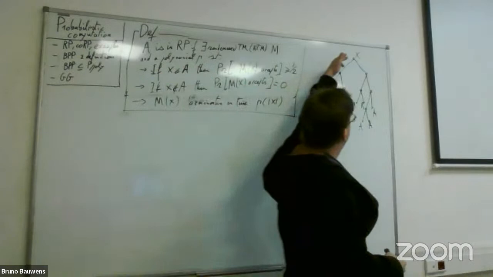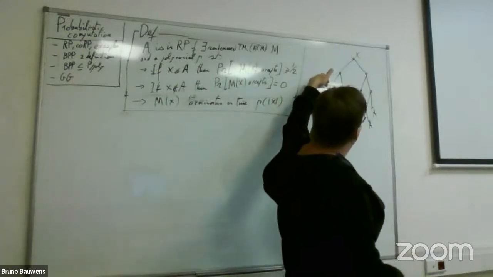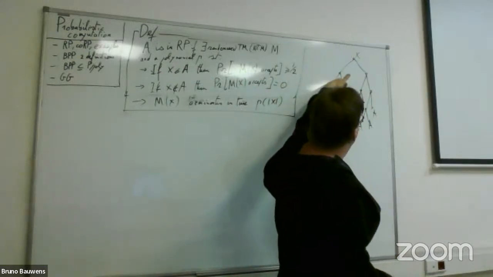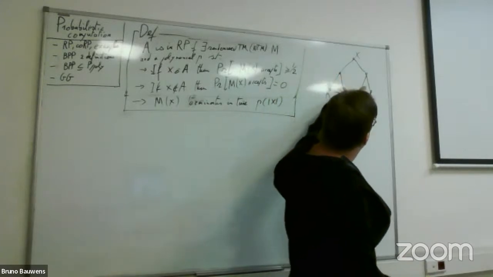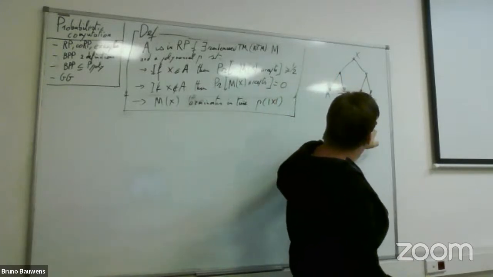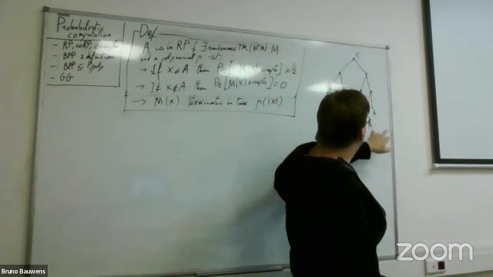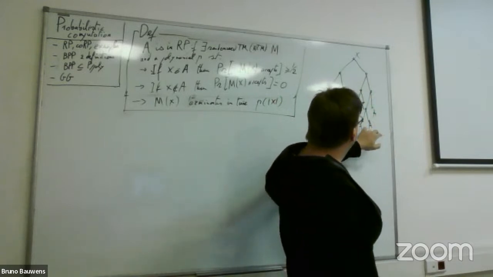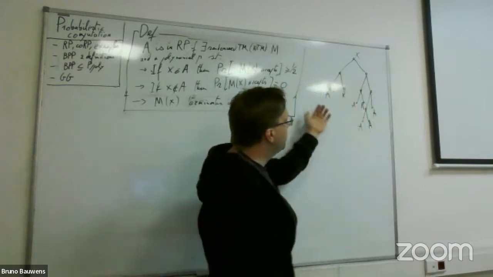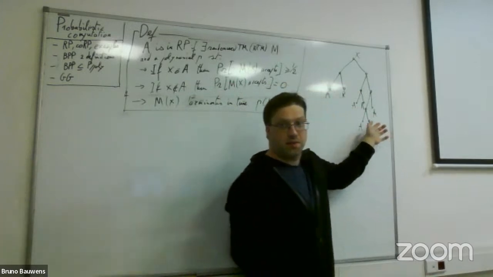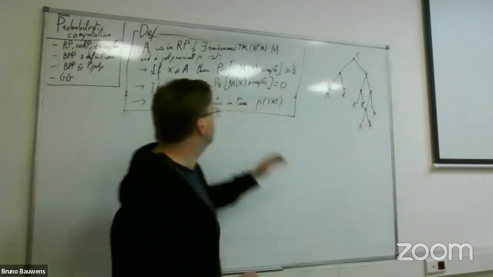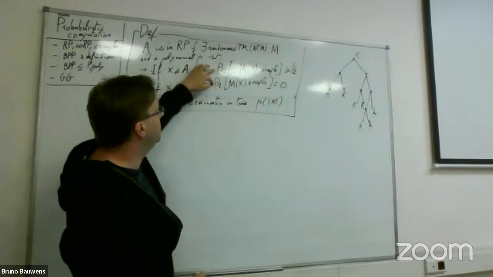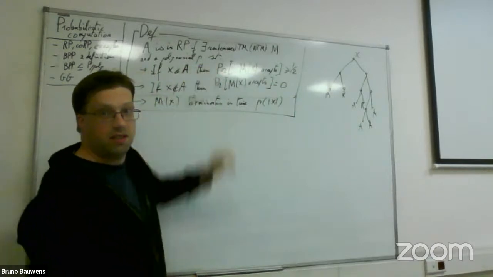For this, we just have to assign probabilities to every branch. So these two leaves have probability 1/4, these two 1/8, and these 1/8, 1/16. And so now we can calculate the probability of acceptance.